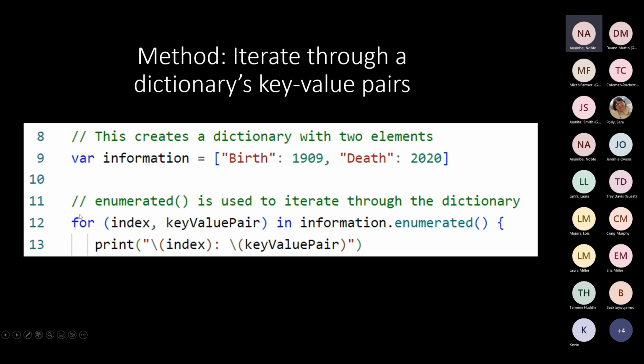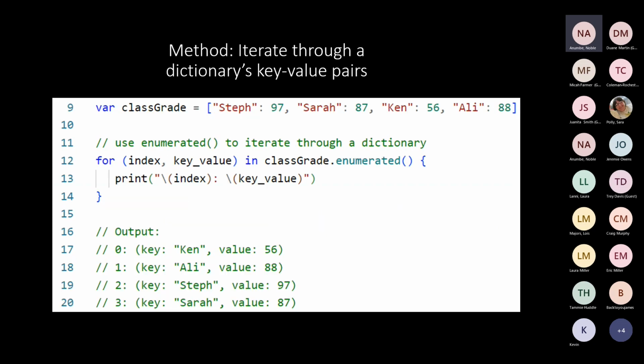So watch this. For index, we already know what our index is, right, and the key value pair. In information.enumerated, that's my information and that's my method, right? So when you print this out, it's just going to give you the index and the key value pair, right? That's how it's going to print it out.